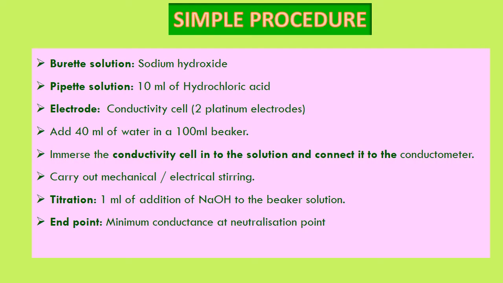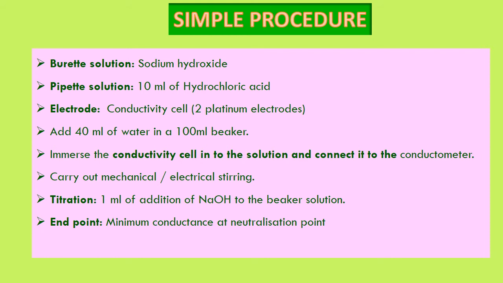Simple procedure. The burette solution is sodium hydroxide and the pipette solution is hydrochloric acid. We take 10 ml of hydrochloric acid and add 40 ml of water in a 100 ml beaker. The electrode used here is the conductivity cell, which is two platinum electrodes. Immerse the conductivity cell into the solution and connect it to the conductometer.